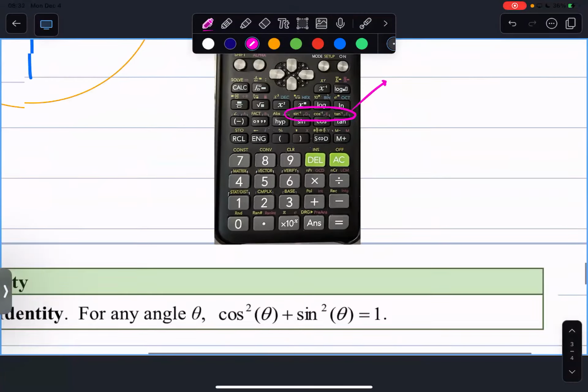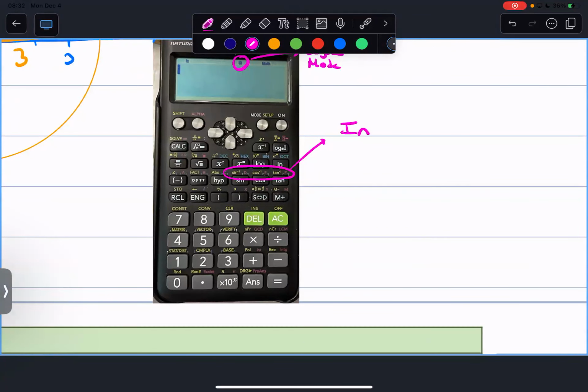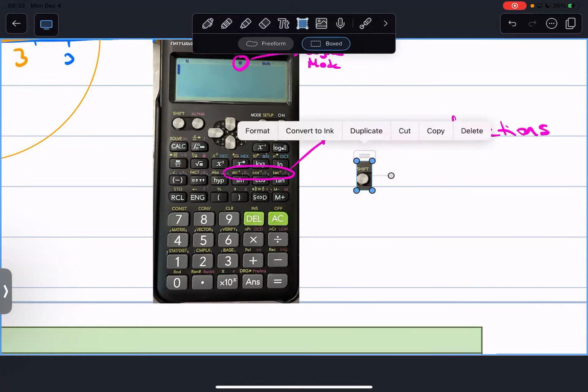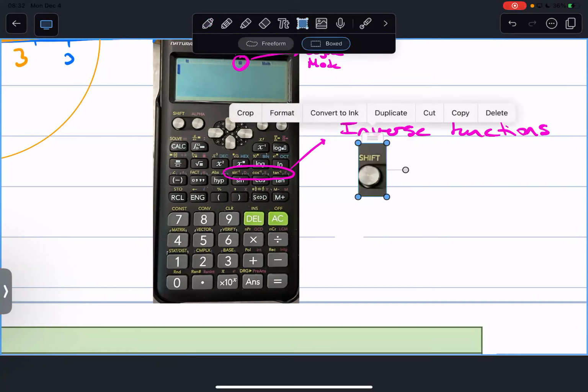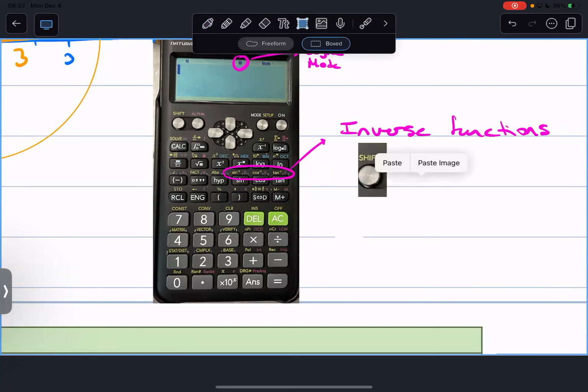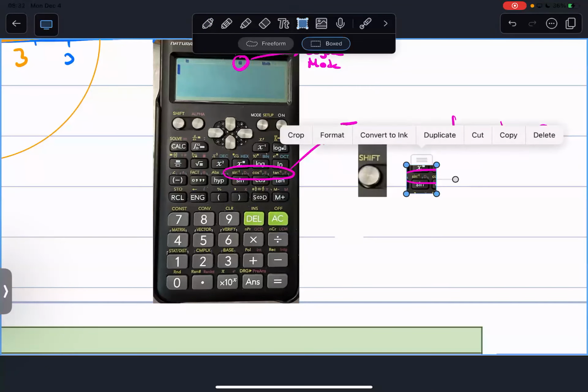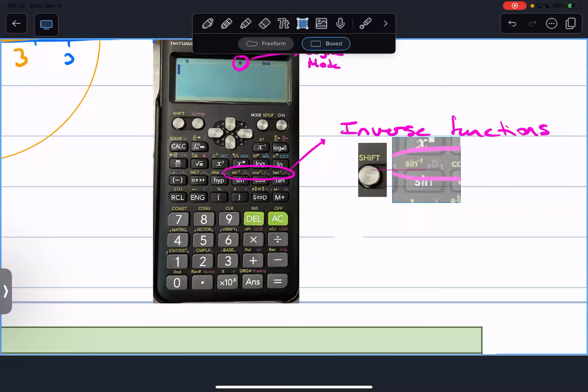Now these are the inverse functions. So if you want the inverse sine or sine inverse, you'd have to go shift sine inverse. So let's do that. I drew over it.